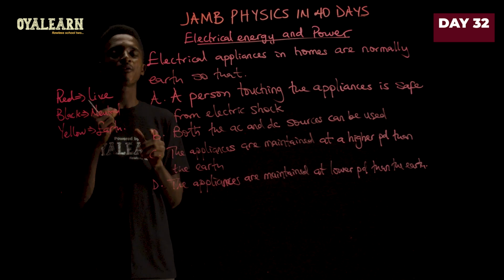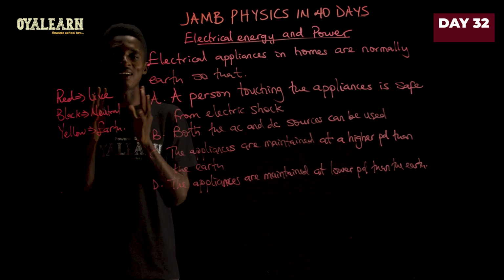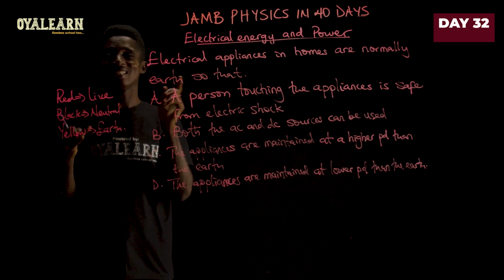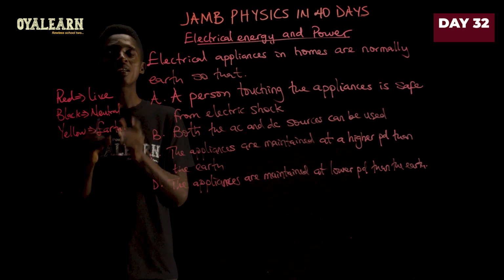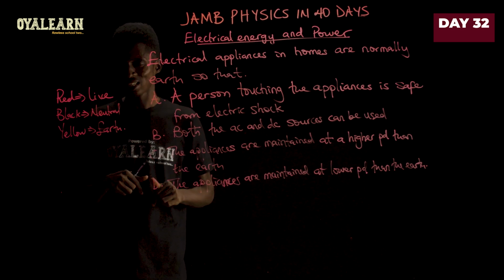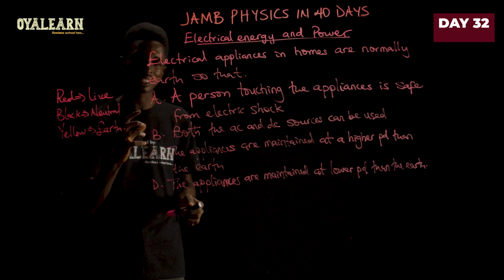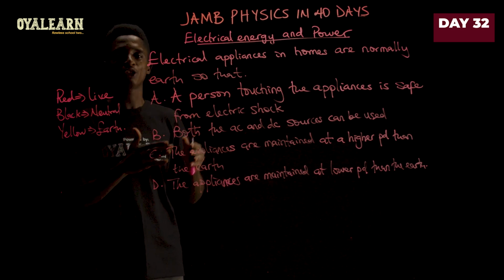So when you have your house earthed, what happens is that whenever there is any loose current around your appliance, maybe because there is an exposed wire or there is a fault somewhere, that current that is loose is looking for a way to get to the earth. If it cannot find a path to get to the earth, by the time you touch it, it will go through your body to the earth, leading to what we know as electric shock.